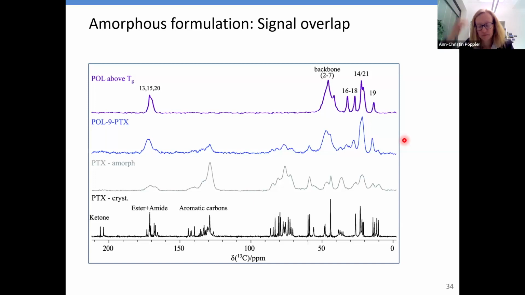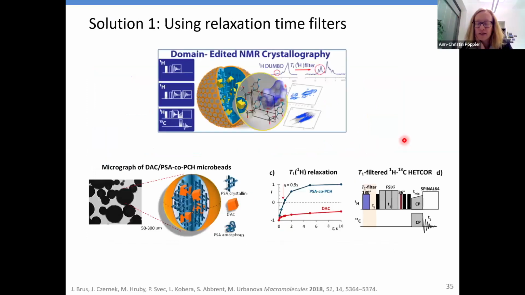And now I would like to come back to this relaxation discussion that we had in the beginning, and would like to introduce you to domain-edited NMR spectra. So this is a very nice work of Jiri Brus and his group. There's a sample which consists of crystalline domains, some also amorphous, and then crystalline molecules being included into this matrix.